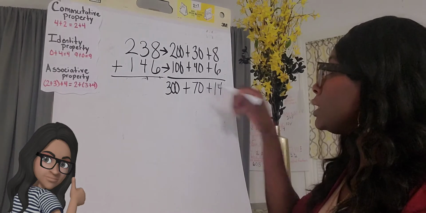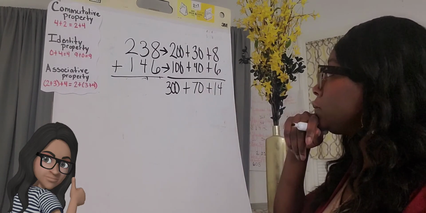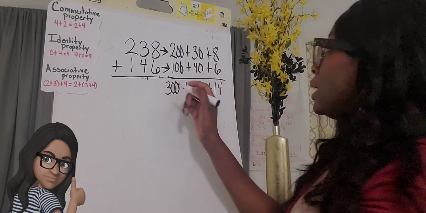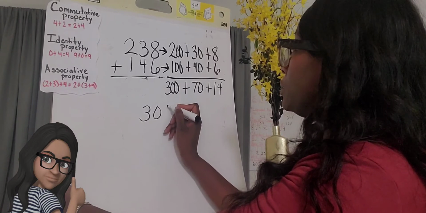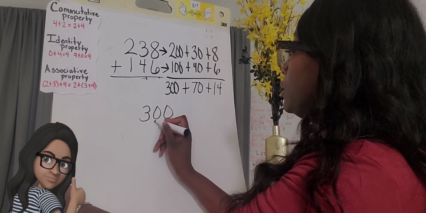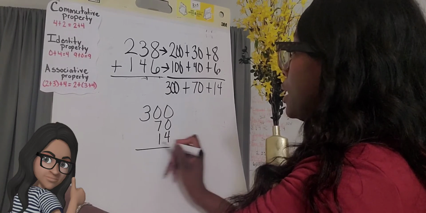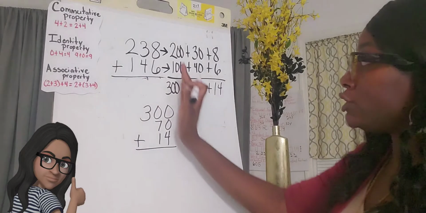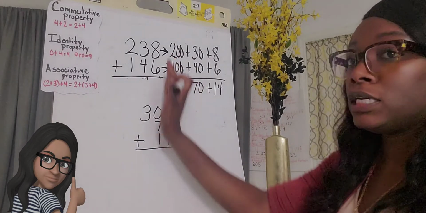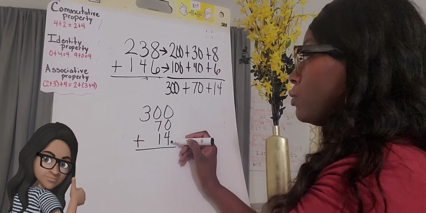All right, now looking at this, I have 300 plus 70 plus 14. I'm looking at it, and guess what I can do? I can line up my numbers like this: 300, 70, 14. Line those numbers up just like that. I'm making sure my ones, my tens, and my hundreds are all lined up. So now I have 0 plus 0 plus 4.